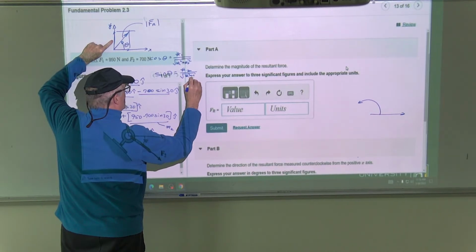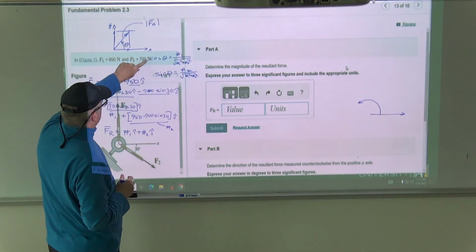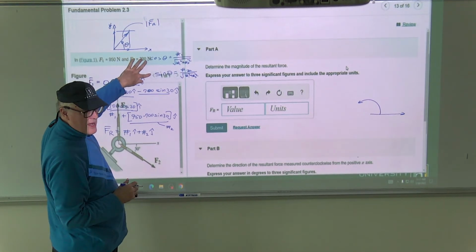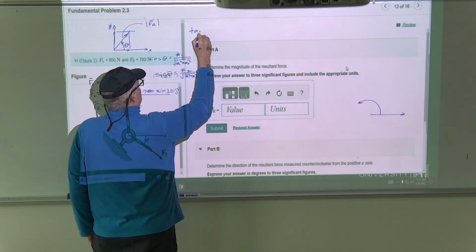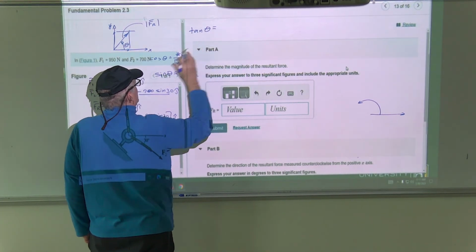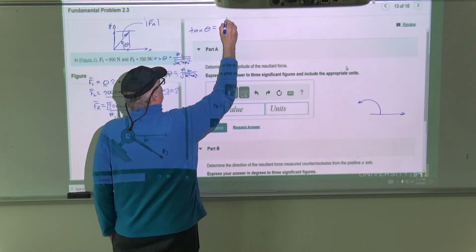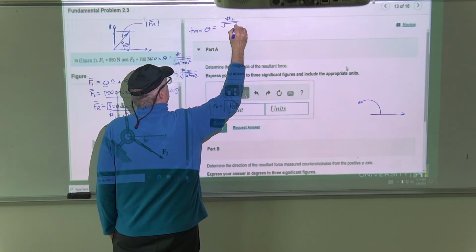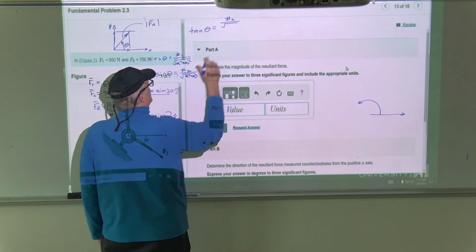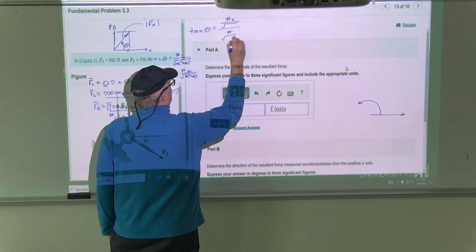But neither one of those is what he talks about in the book. What he talks about in the book is the tangent. So the reason I write these 2 down is because of the tangent of the angle, and I'm going to do it off of this. The tangent is that number over that square root over that number and that square root.